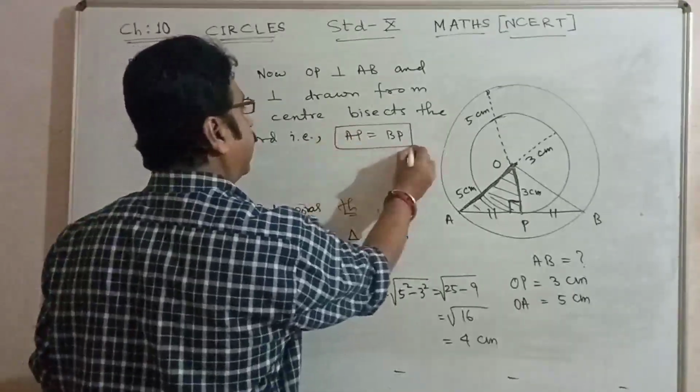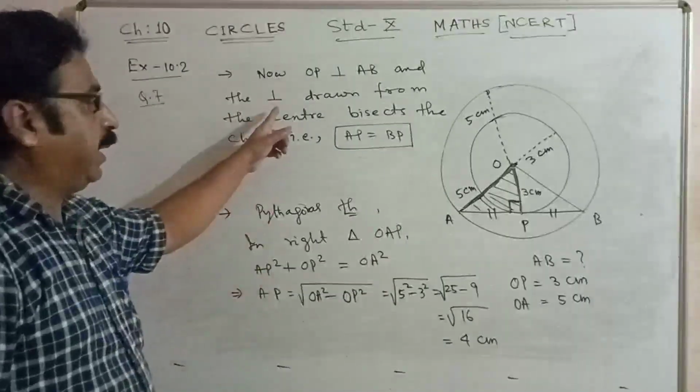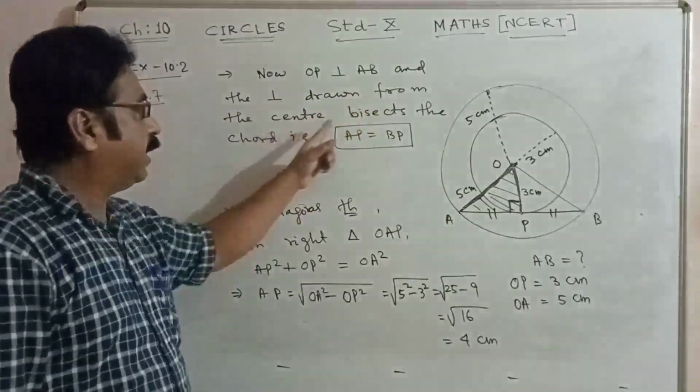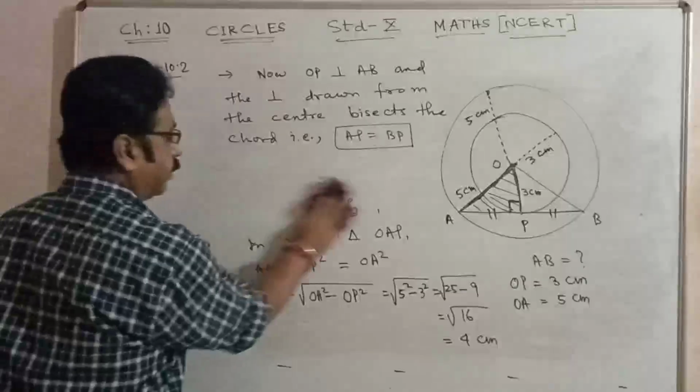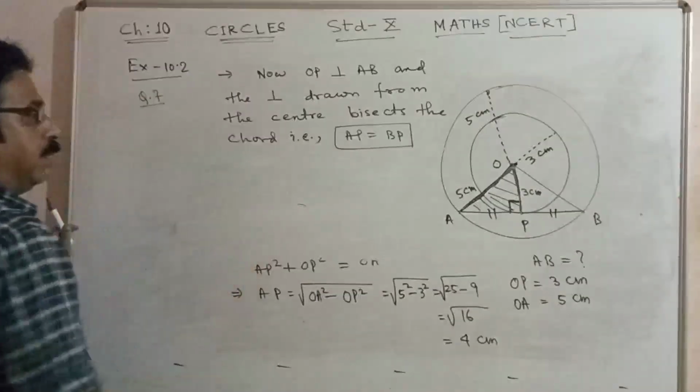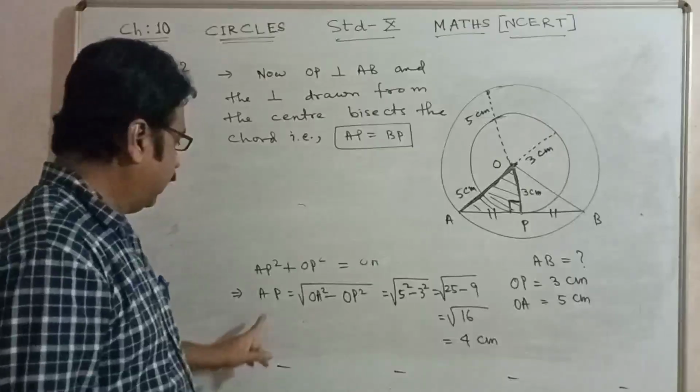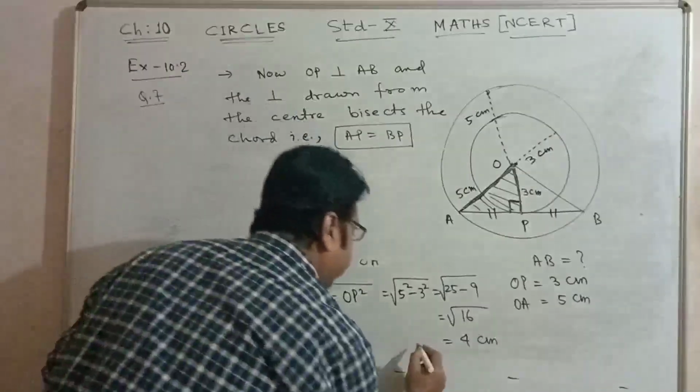For what reason? Perpendicular drawn from the center bisects the chord. AP and BP are the same. AP, the result we got here?